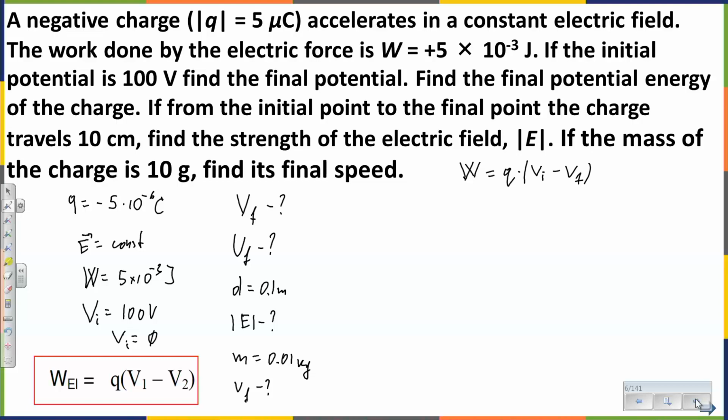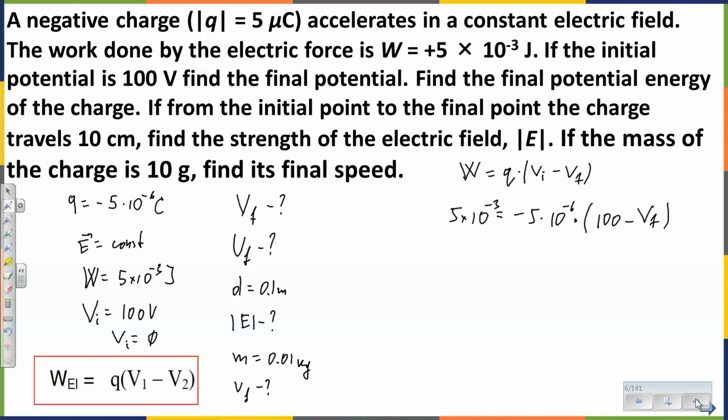That's another action. 5 times 10 to the negative third equals a charge, which is negative, times initial voltage, potential. Voltage is in several slides. Minus final potential.